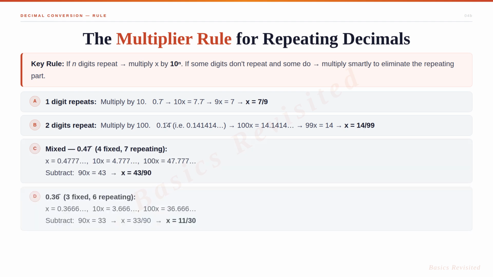Case D: 0.36 with 6 repeating. x equals 0.3666, 10x equals 3.666, 100x equals 36.666, subtracting, 90x equals 33. Simplify. x equals 33 over 90 equals 11 over 30.